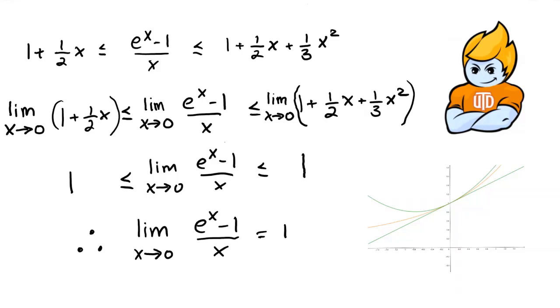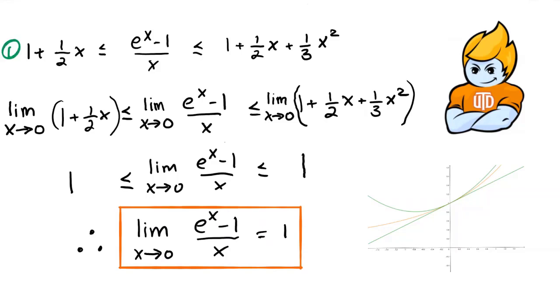So this example not only exposed us to a limit we'll surely see again, the problem also demonstrates the essential steps in any Squeeze Theorem problem. Find two functions so that your function is sandwiched in between, at least near the point at which you're computing the limit.